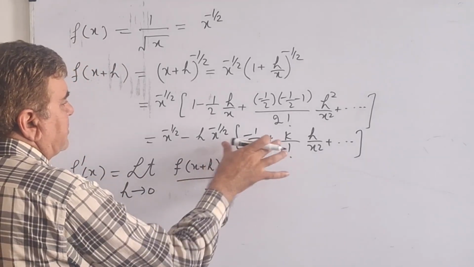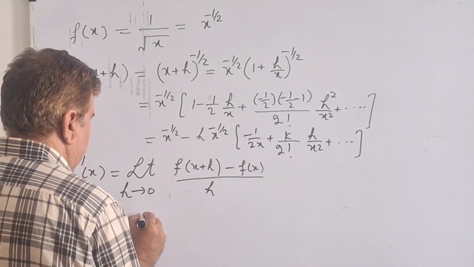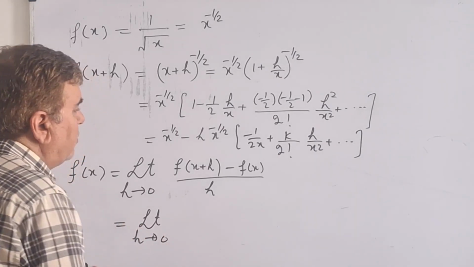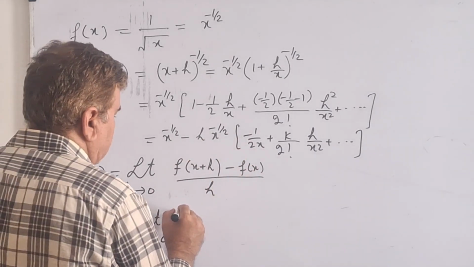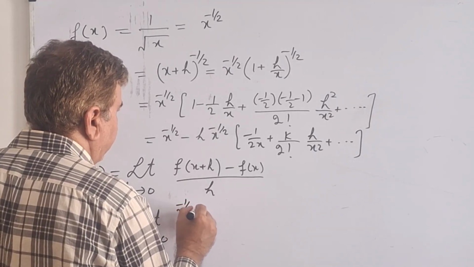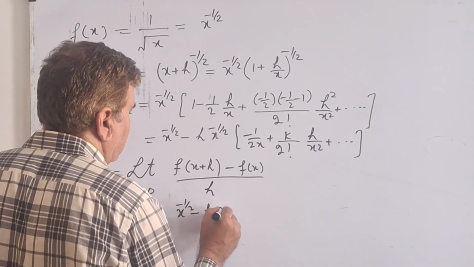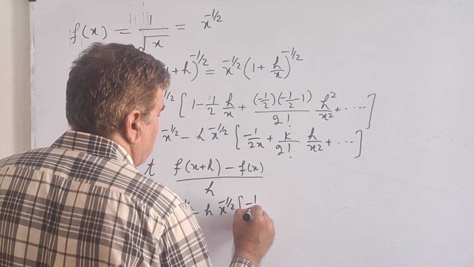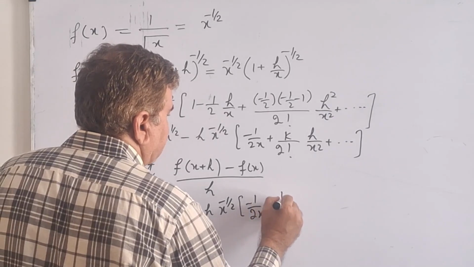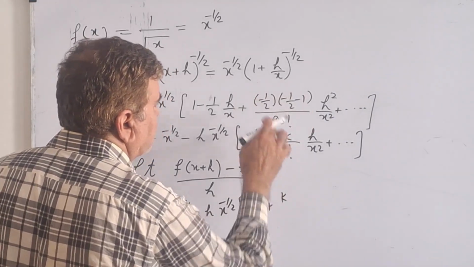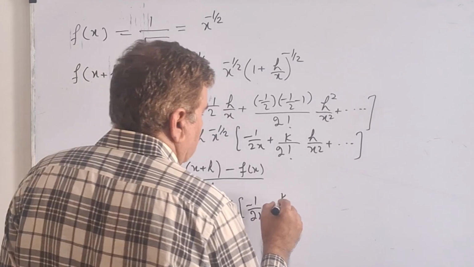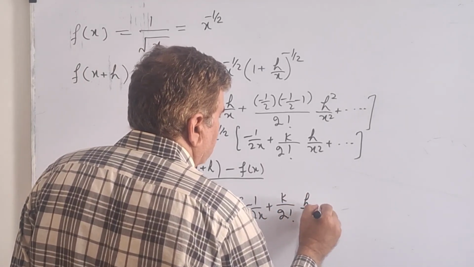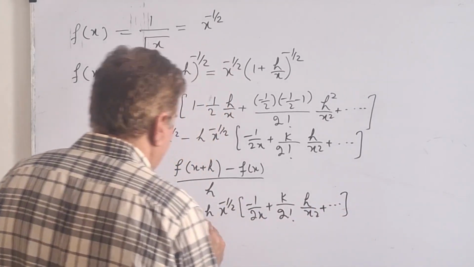If I put the values, this value for f, then I can write limit h tends to 0 of the whole value x to the power minus half minus h into x to the power minus half into minus 1 over 2x plus k. Remember, I'm putting k equal to this whole fraction, so I'm not interested in that. h divided by x squared plus so on.